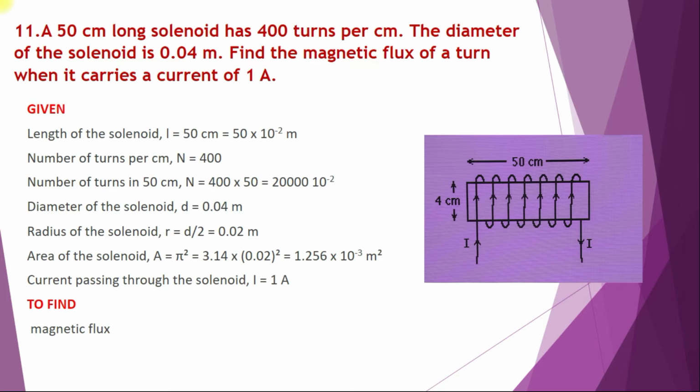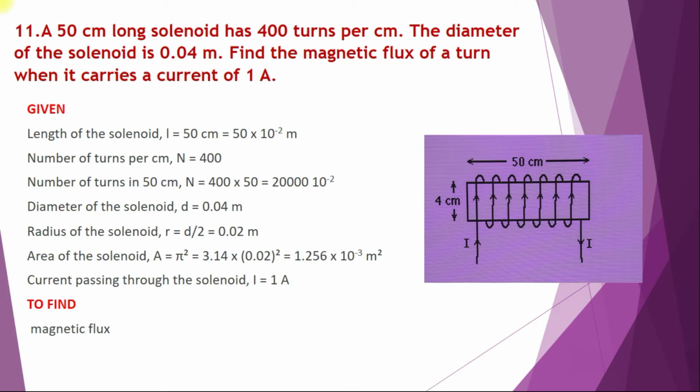Radius of the solenoid R is equal to diameter divided by 2, which is equal to 0.02 meter. So the area of the solenoid A is equal to pi r square, which is equal to 3.14 into 0.02 the whole square, which is equal to 1.256 into 10 power minus 3 meter square. And the current passing through the solenoid I is given as 1 ampere.